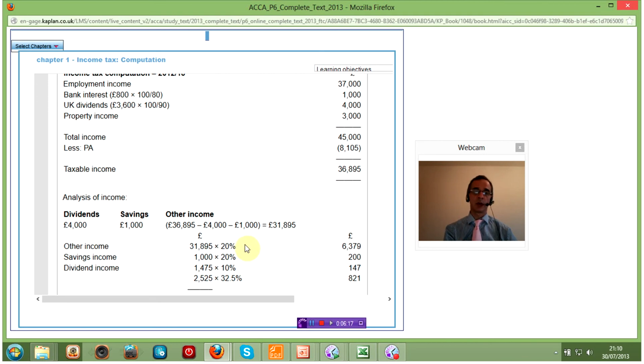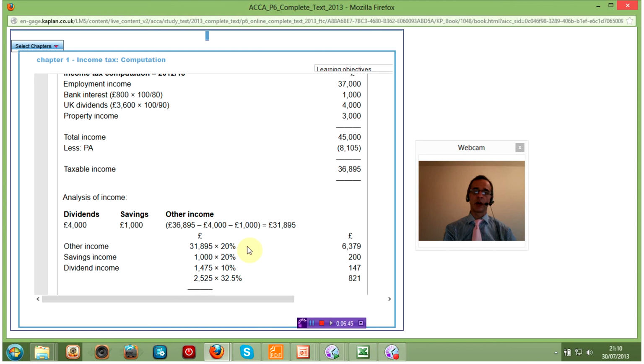So, for example, where we have other income as opposed to, let's say, savings and dividend, we have 31,895 taxed at 20%. Now, within income tax, you'll note that the tax rates go up over levels of income. So the higher you go, all the way up to the 50% level at 150K's worth of taxable income.